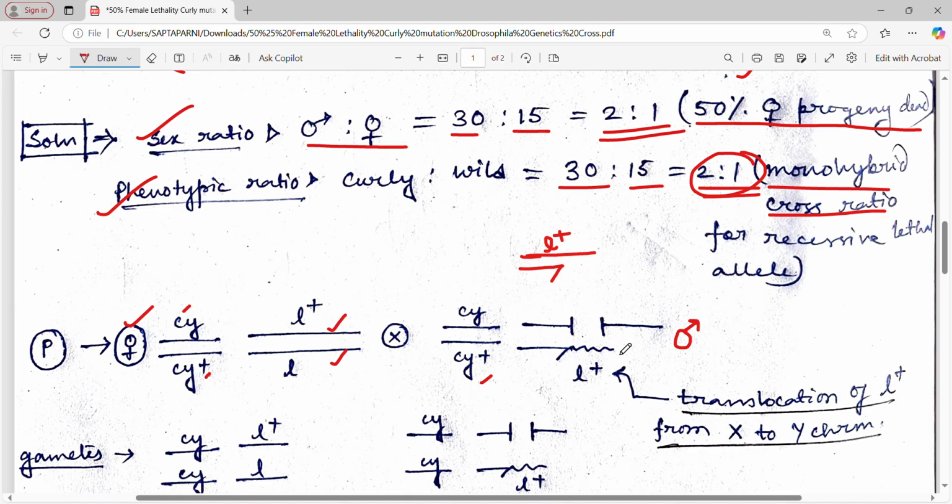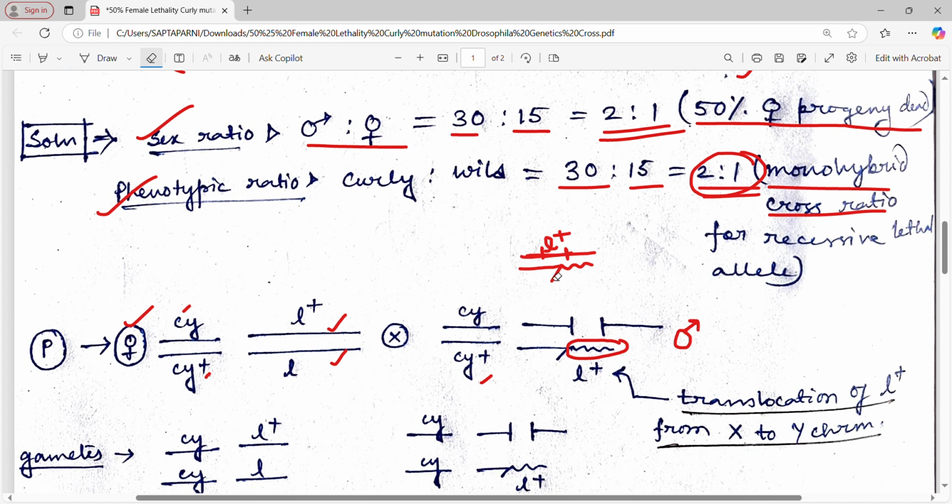You can see here we have translocated L plus from the X chromosome to the Y chromosome in males. That means this part containing L plus is cut and then translocated to the Y chromosome. So now the X chromosome is devoid of the L plus allele.